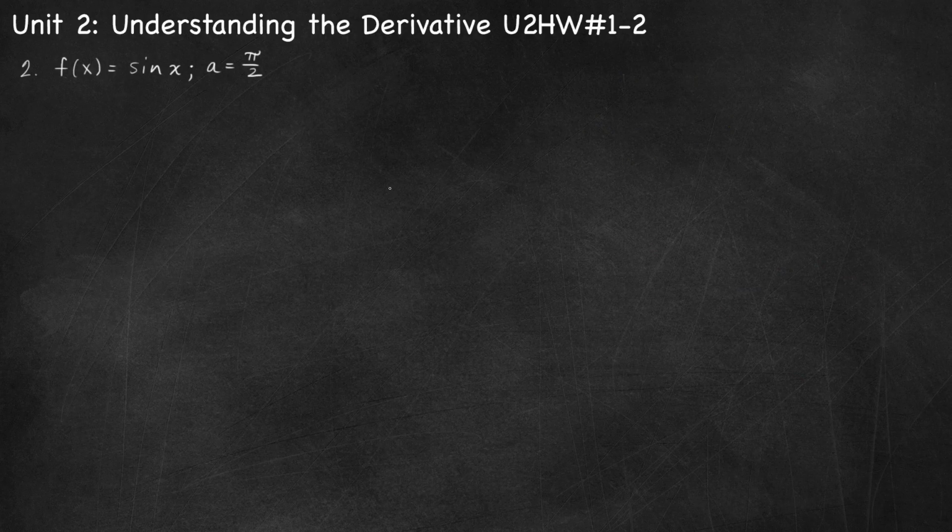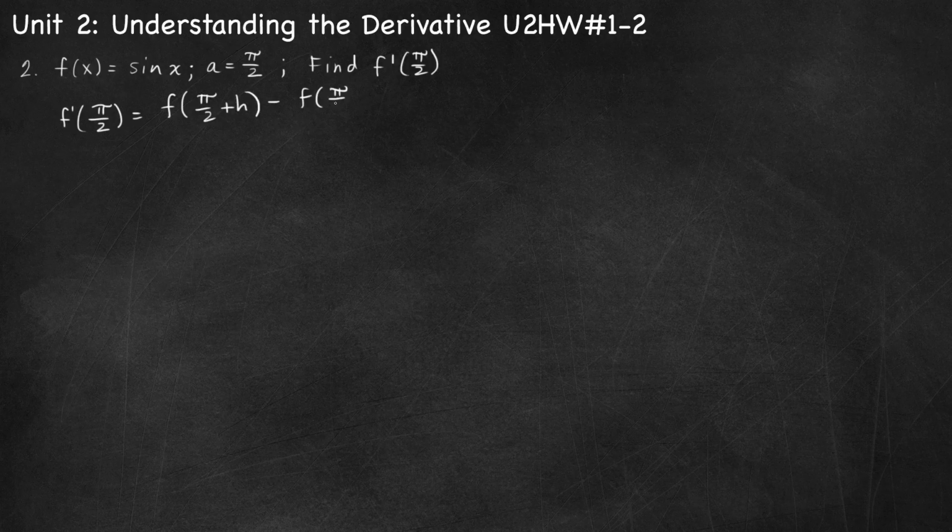Now this is part D, f of x equals sine x, a equals pi over 2. So we want to find f prime of pi over 2. f prime of pi over 2 equals f of pi over 2 plus h minus f of pi over 2 all over h.